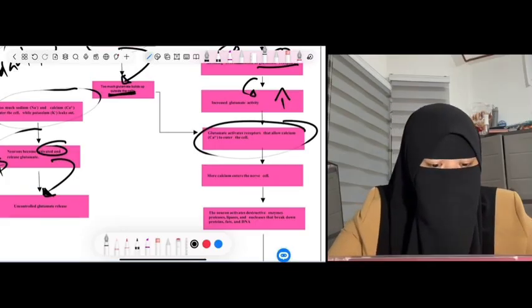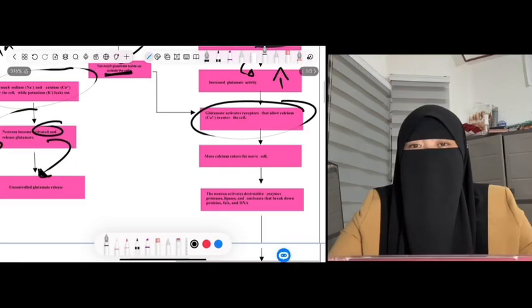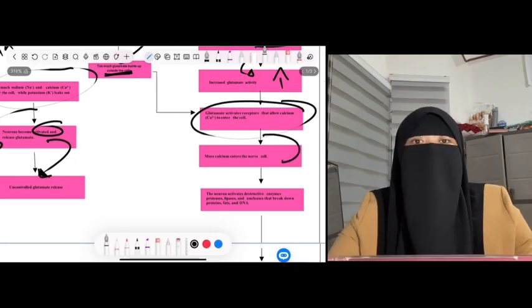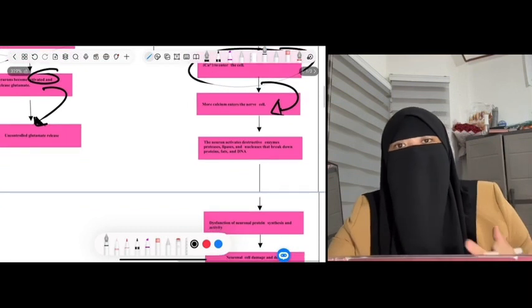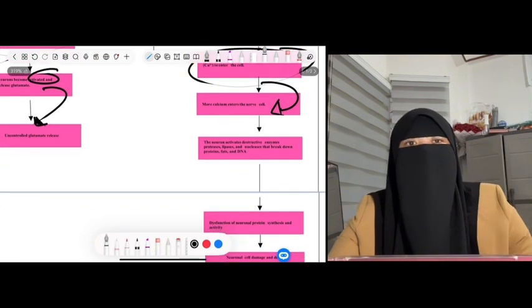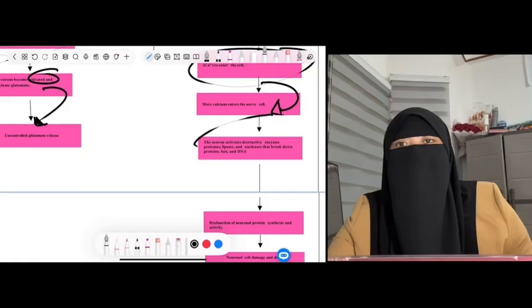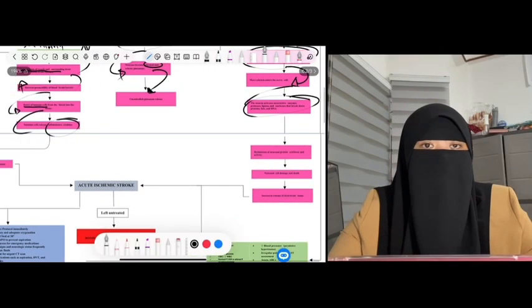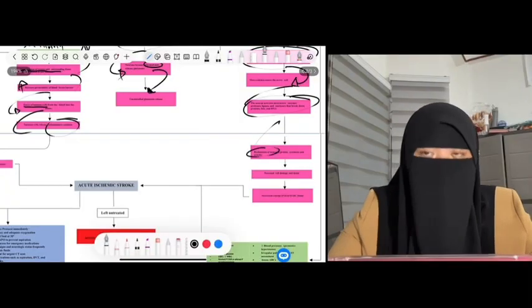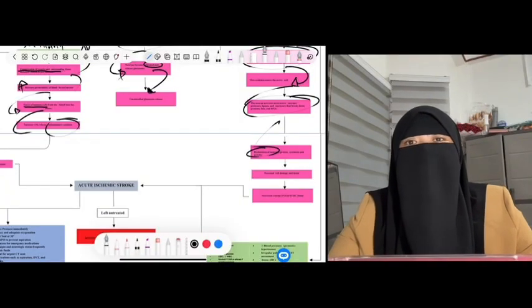When these receptors are activated, they allow a large amount of calcium to enter the neuron. This calcium overload triggers destructive processes inside the cell, including the activation of enzymes that break down proteins and DNA. This results in dysfunction of neuronal protein synthesis activity.